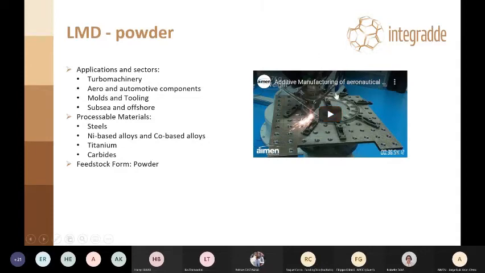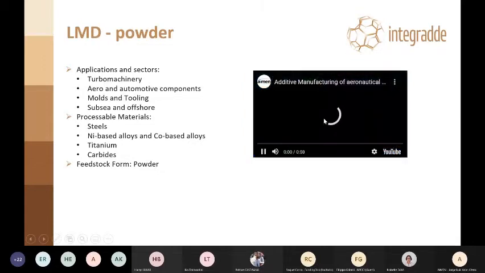Here at the right, you can see one component, a part of an airplane engine produced here in Gaiman.